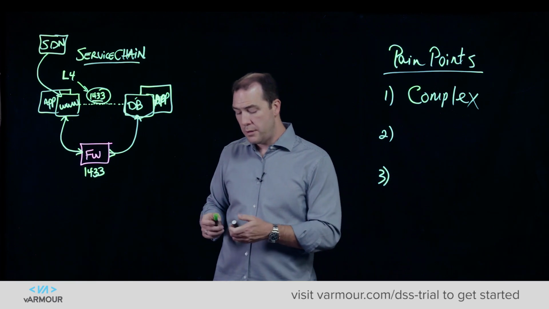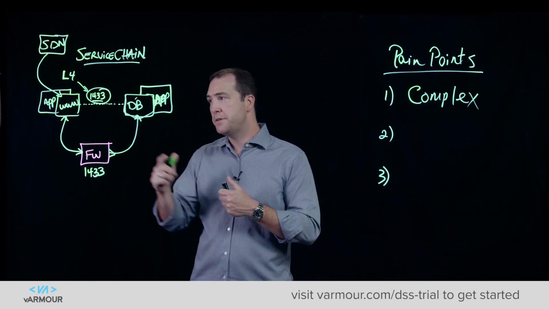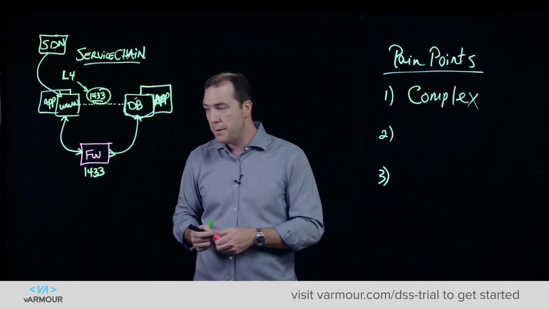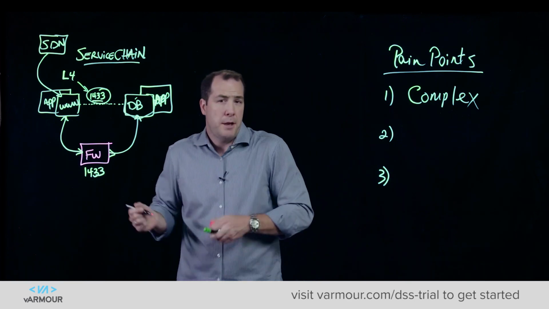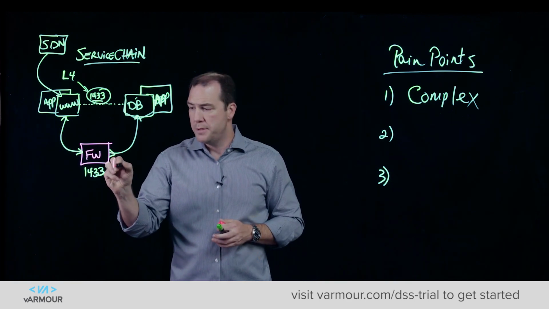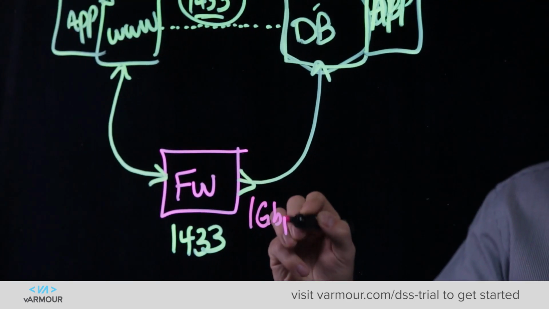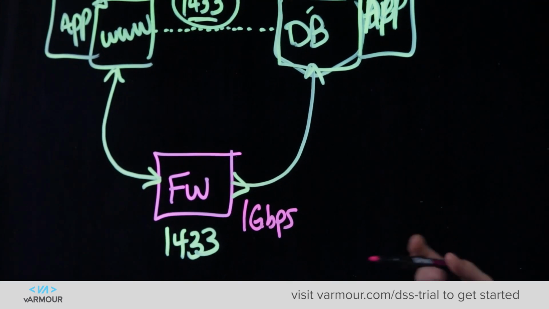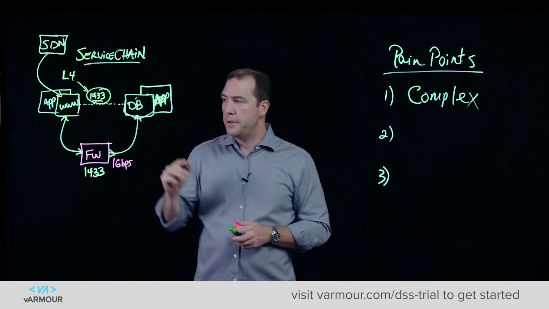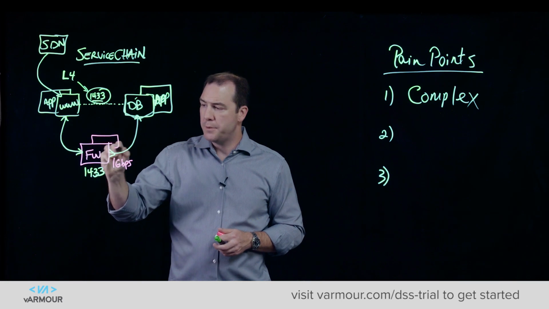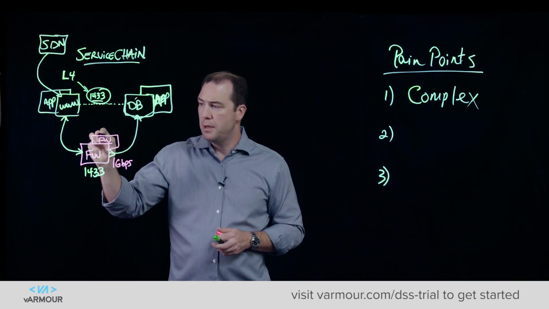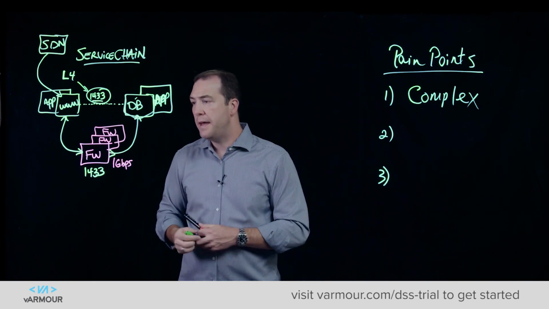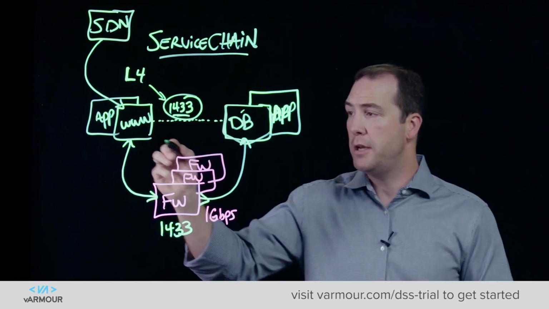Now, the other problem is that once I start steering this through this firewall, remember, if we're talking about a virtual firewall, for example, this is about a 1 gig limit on that virtual firewall. And once I hit that, I need to spin up another firewall instance and maybe another firewall instance. And then once I do that, I need to start, once again, service chaining traffic through these.